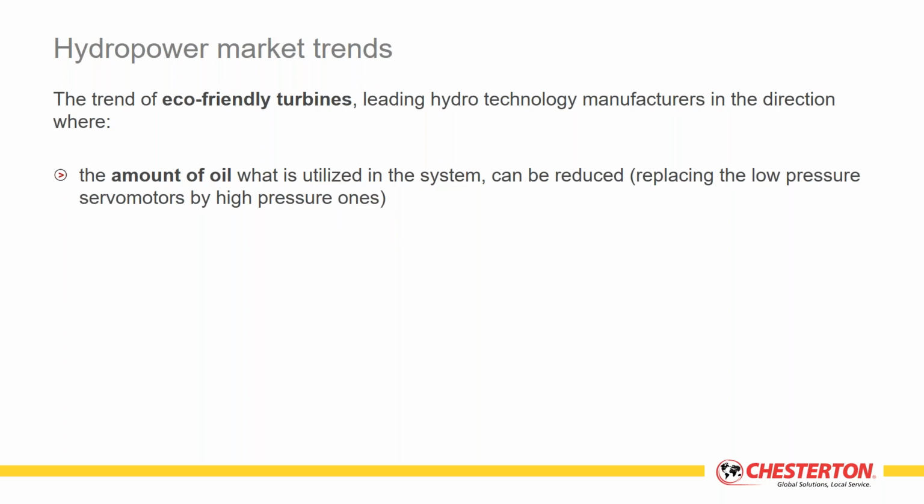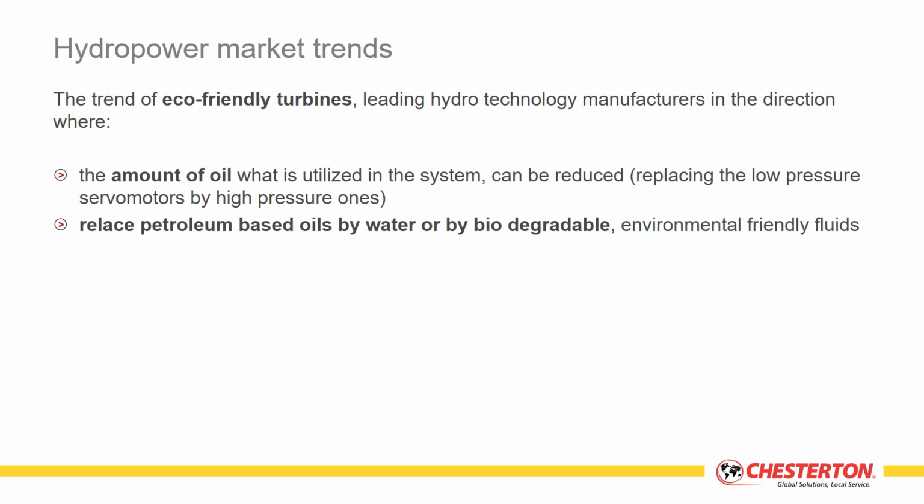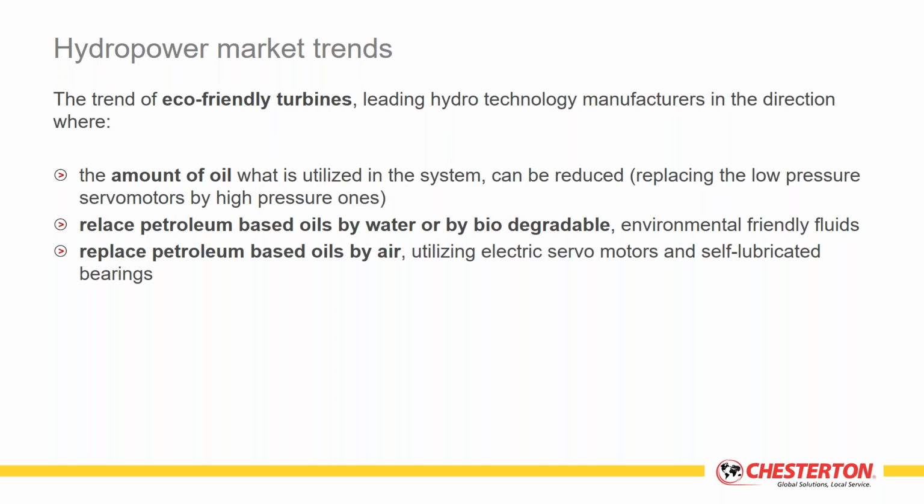So overall, the total volume of the oil, for example, if it is a hydraulic oil, can be reduced. The second possibility, and this is again a trend, is that in many applications customers move from the traditional petroleum-based oils and replace them with biodegradable, environmentally friendly fluids, like water or a water glycol mixture.